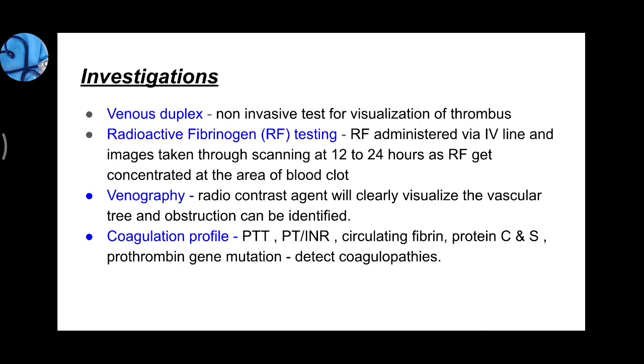Venography: this radio contrast agent will clearly visualize the vascular tree and obstruction can be clearly identified. Coagulation profiles: PTT, PT INR, circulating fibrin, protein C and S, prothrombin gene mutation. These coagulation profiles detect coagulopathies.